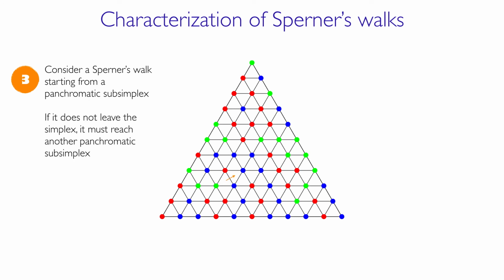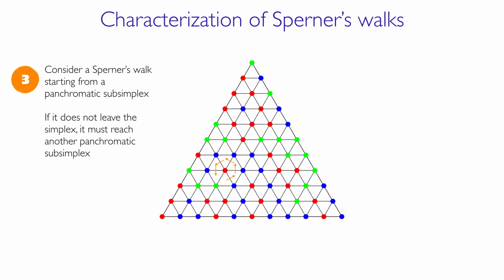Here the third class. Consider the case in which a Sperner walk starts from a panchromatic subsimplex. We already know that a walk can leave the simplex, but if it does not leave the simplex, it must reach another, different panchromatic subsimplex. Here the example. It is trivial that the walk cannot re-enter the same subsimplex from which it started.